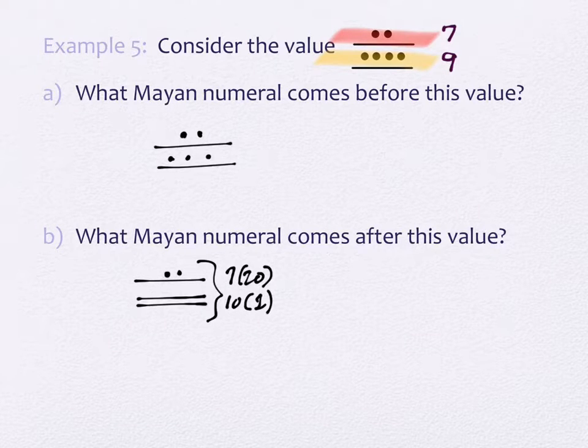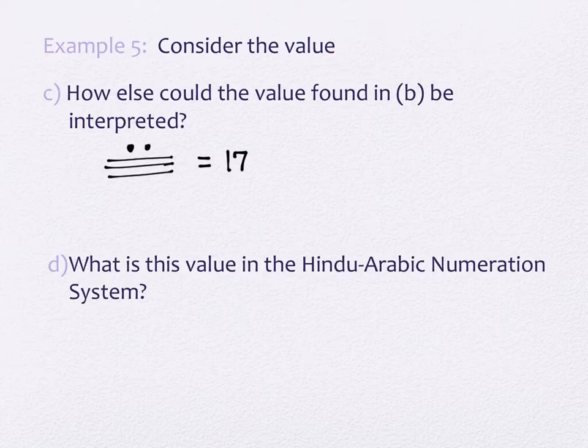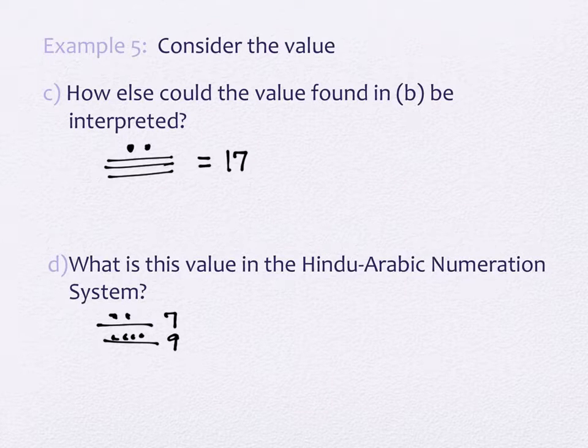Now let's actually figure out what the original number should have been interpreted to be. So we had written down dot, dot, line was 7, 4 dots and a line was 9. The way this is done is that I have the ones place and the 20s place. I have 9 in the ones place and 7 in the 20s place.